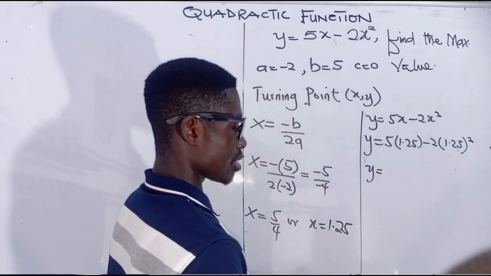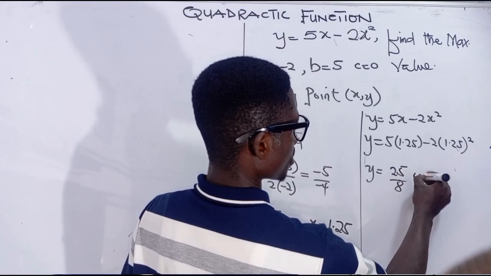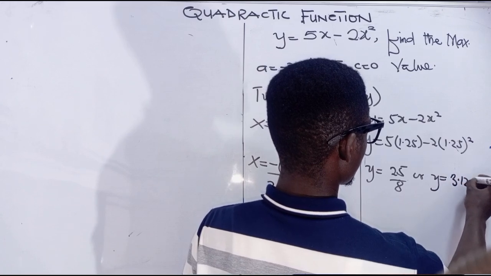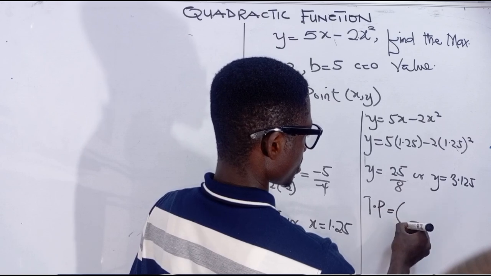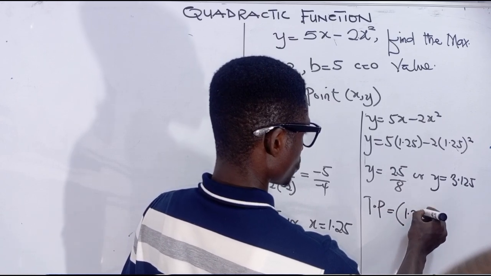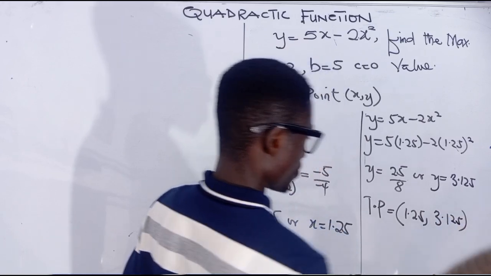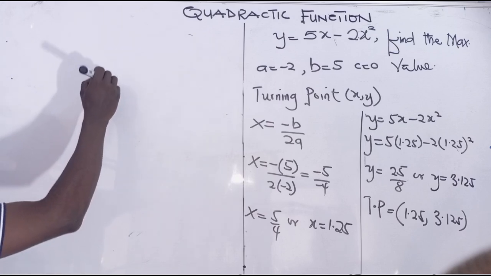When we do the algebra, we are going to have 25 over 8. Our y is equal to 3.125. Therefore, our turning point, which is TP, is equal to (1.25, 3.125).